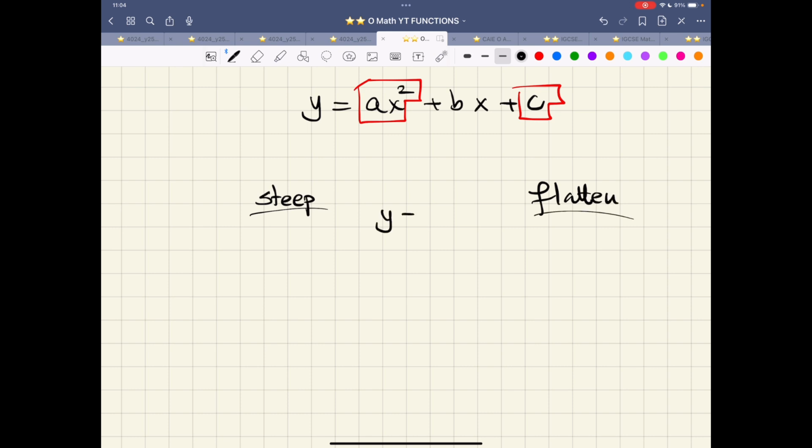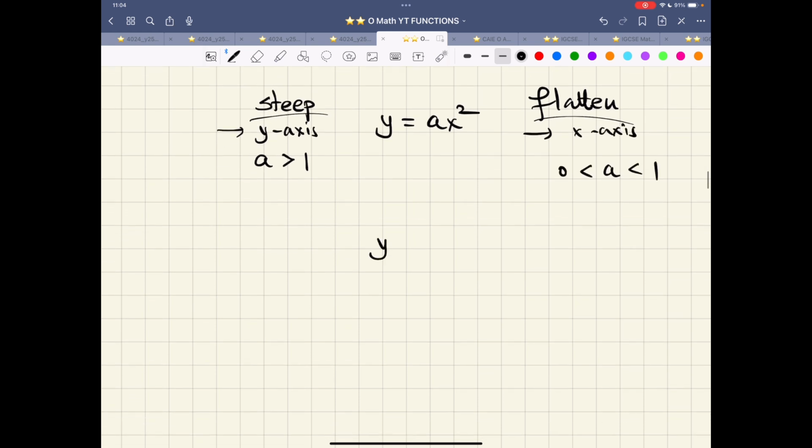If y equals ax squared and a is greater than 1, it becomes steeper towards the y-axis. It gets flattened towards the x-axis if a lies between 0 and 1. Y equals negative x squared is a reflection in the x-axis.